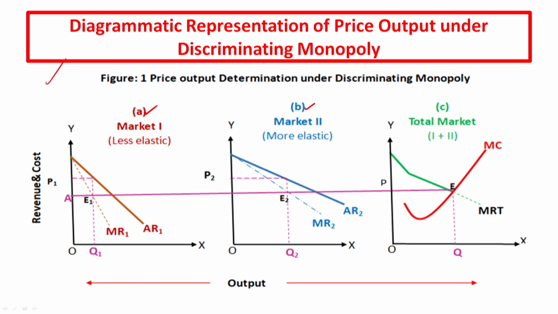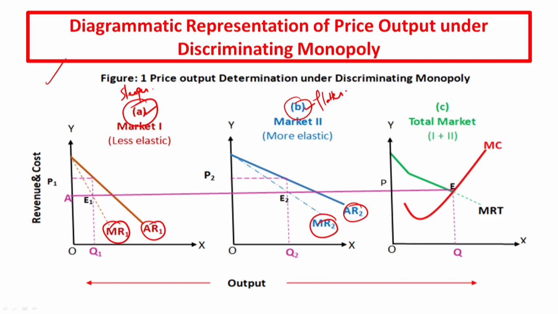That is why the curve of this market is flatter. The AR and MR for monopoly market 1 are steeper in shape, and the AR and MR for the second market are flatter because of the elastic nature.